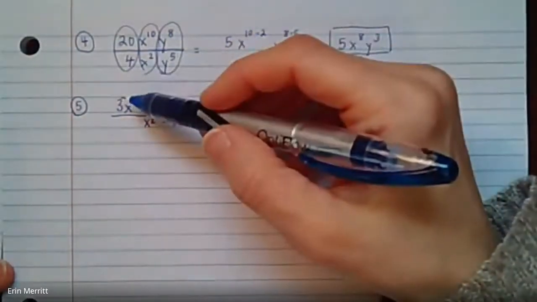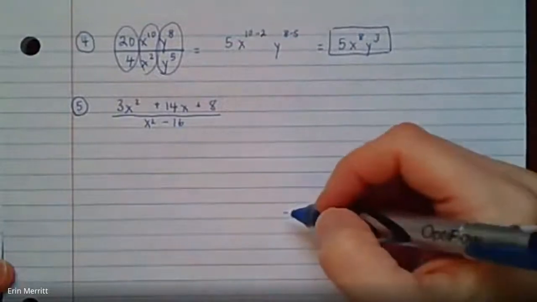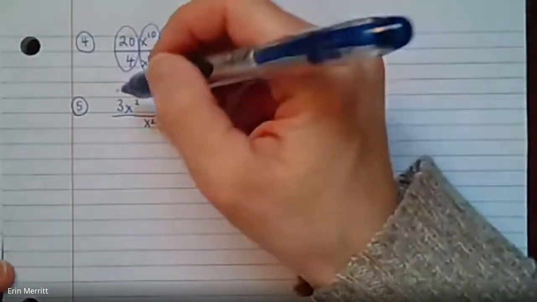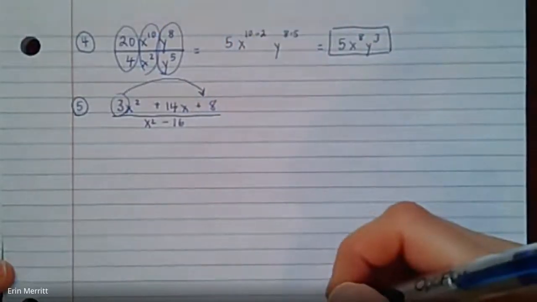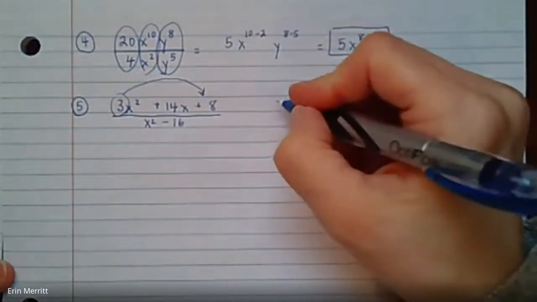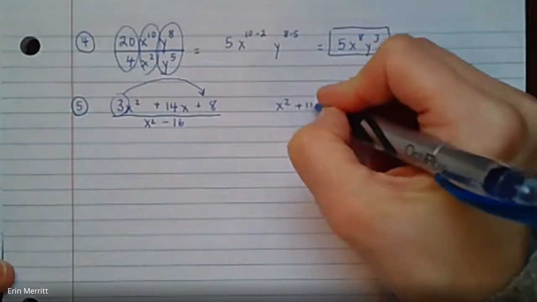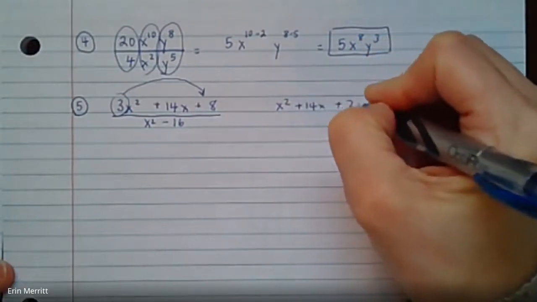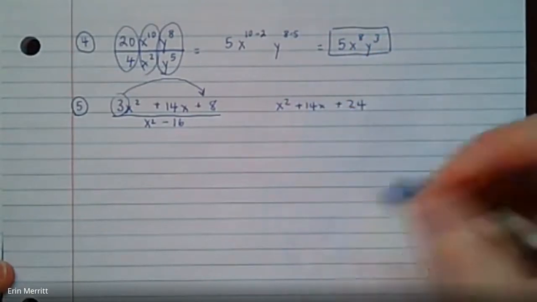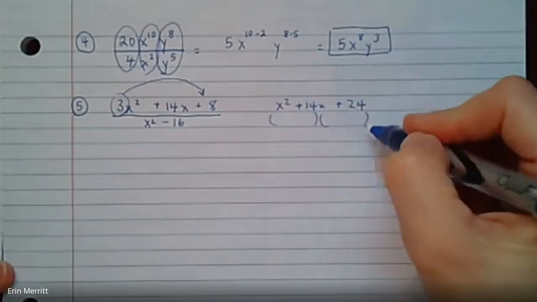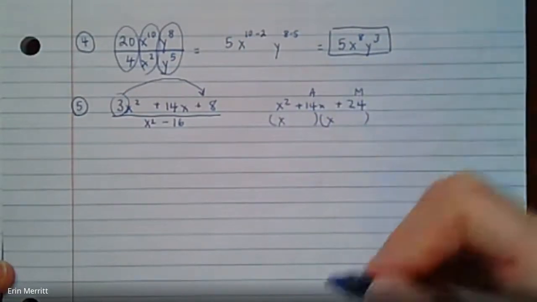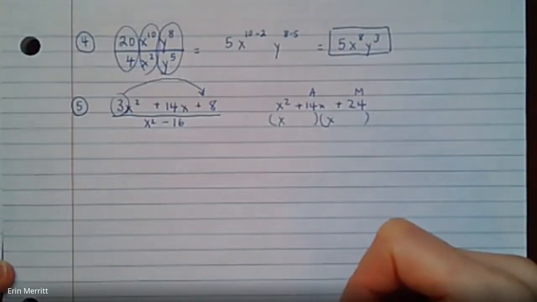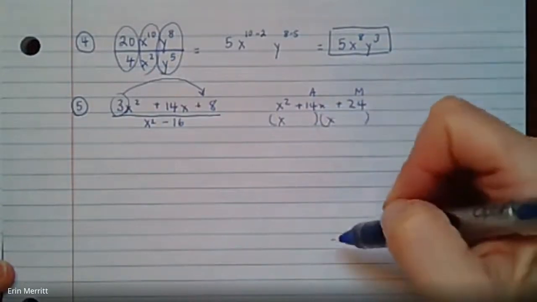So in that numerator, this is where we would use a little slip and slide. So let's take that 3, multiply it over, and focus on that numerator for a moment. So that's going to give us x squared plus 14x and then plus 24. If we think about what adds to 14 and multiplies to 24, well, that would be 12 and 2.